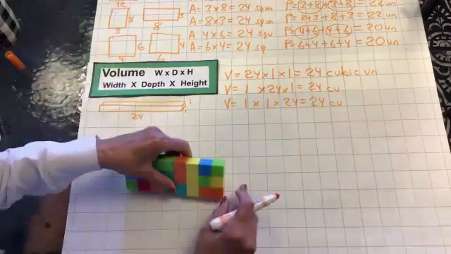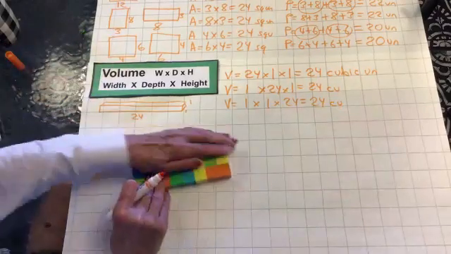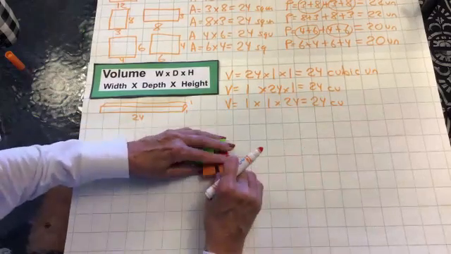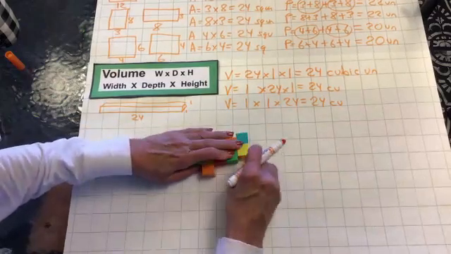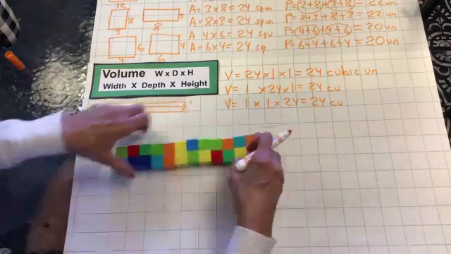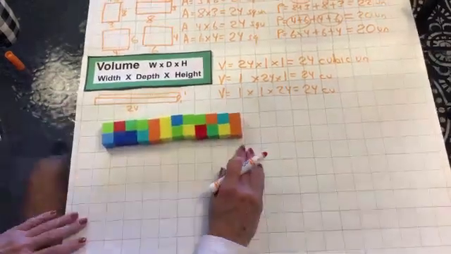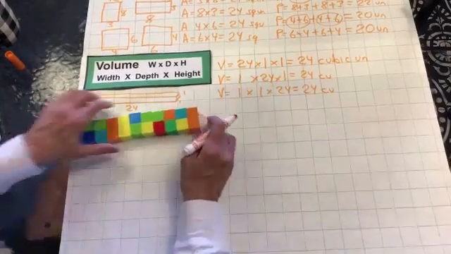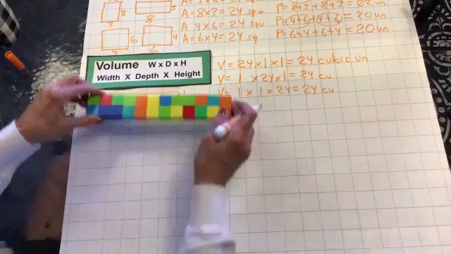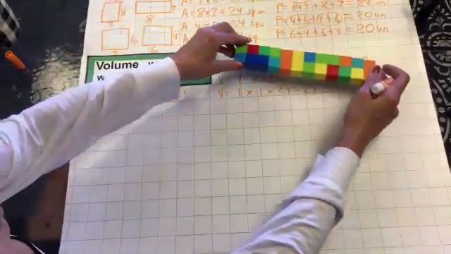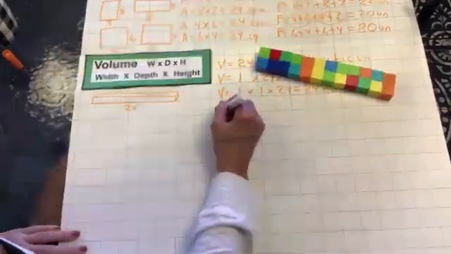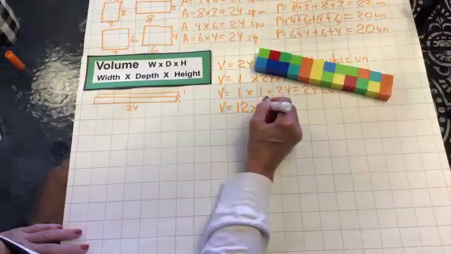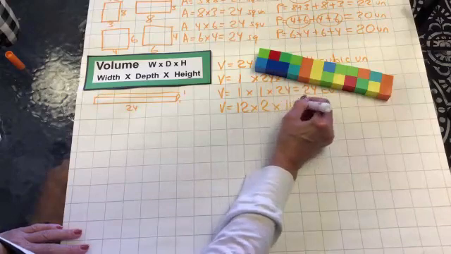Now, if we look at this and we want to do 2, I can show you that. Let me get you 2. So this is a 12 by 2 by 1. So I'm just going to show you what these are. You can draw them out. Let me put it up here. So this is a 12 by 2 by 1.